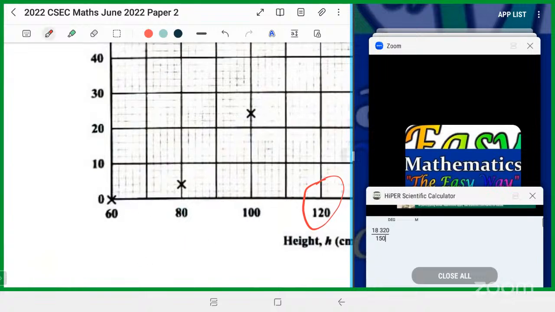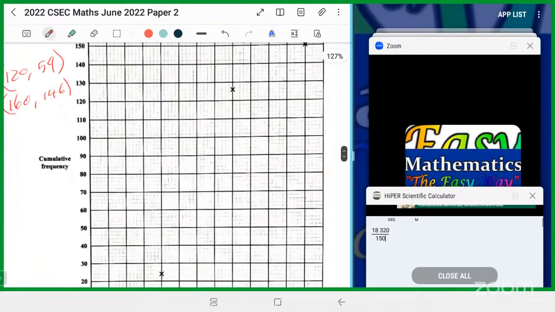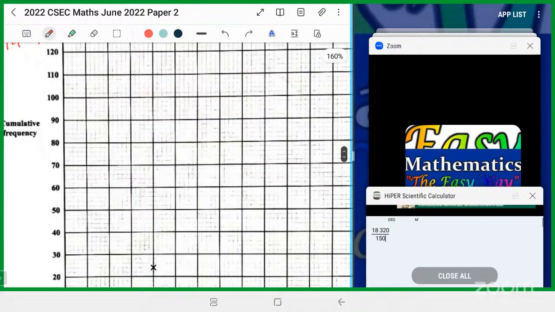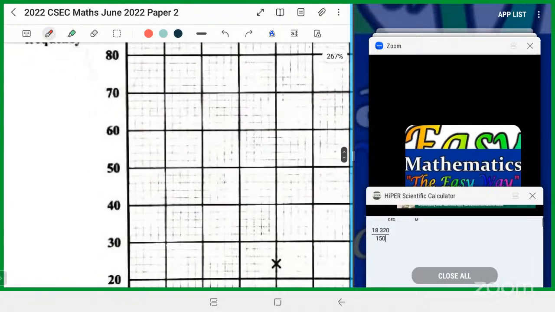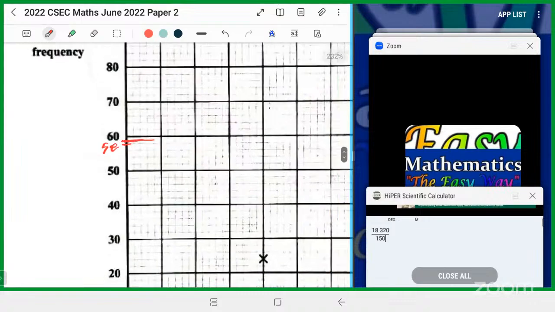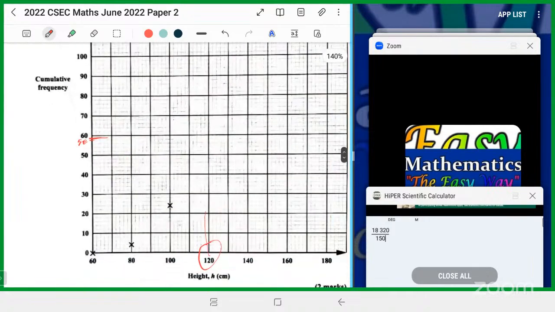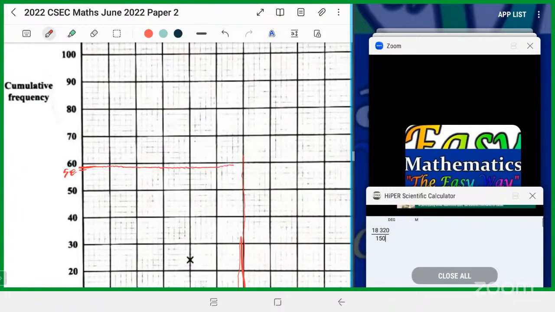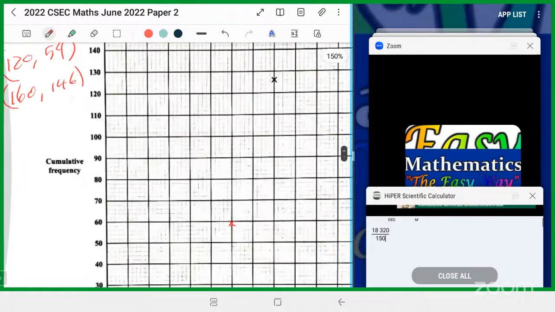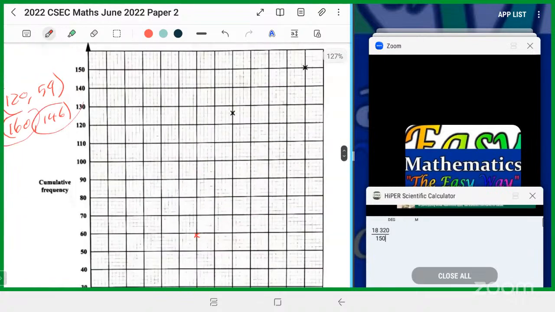So we're plotting this point, 120, 59. We want 59. So say 50 or so, and say 60 or so. So right here is 58, so 59 is right in between there, to be precise. The 120 line is this one up here. So we're coming right to this intersection right here. That's where it's going to be. The next point, I'm sorry, 160, 146.